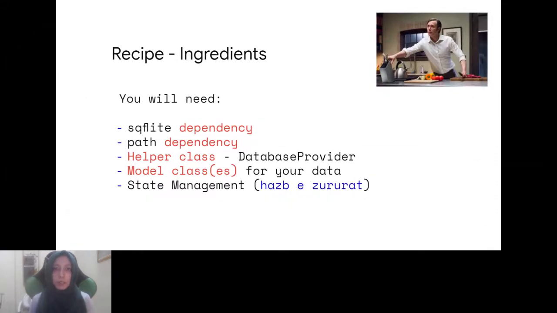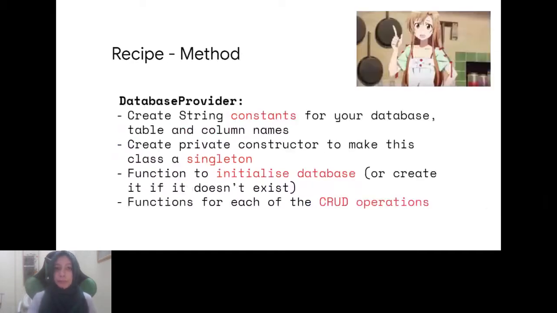We'll be looking into the live code right now. Then you need your model class. This will be the class of the objects that you want to store locally in this database. And lastly, it's optional whether you want to use any custom state management technique. You can even start off with the basic setState, but if you're working on a more advanced level, Bloc, Provider, whatever suits you best, you can do.